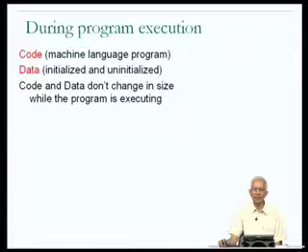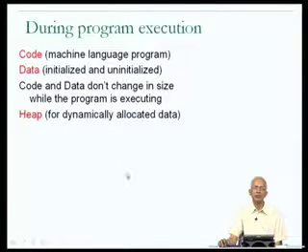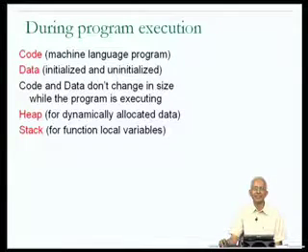The heap allocated data is going to come into existence when it is explicitly created by a malloc, whereas stack allocated data, such as a function local variable, will come into existence when a function is called. Therefore, we expect that during program execution, we also need to know something about what happens to the heap. This is the space in memory where dynamically allocated data is going to be assigned space, as well as the stack, which is the place in memory where function local variables, parameters, etc. are going to have space associated with them.